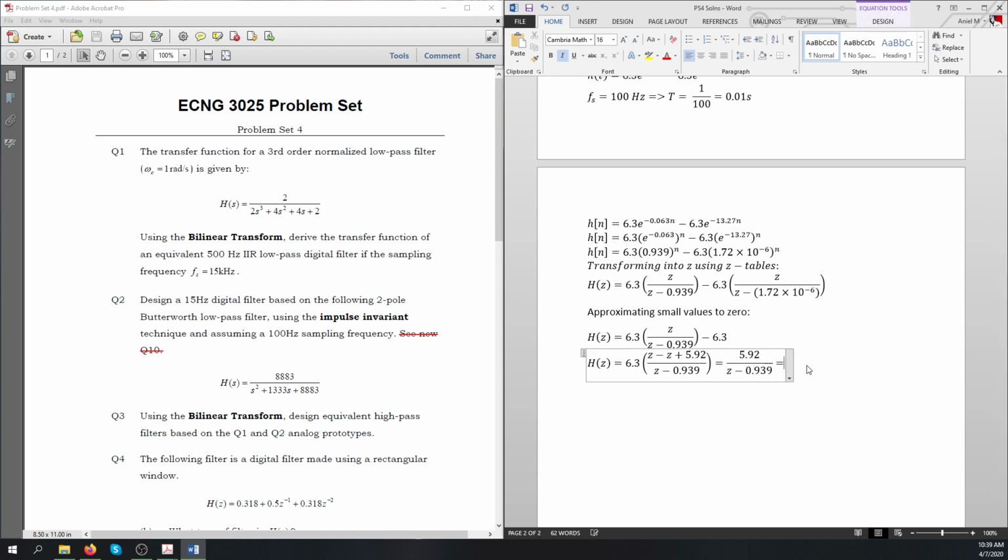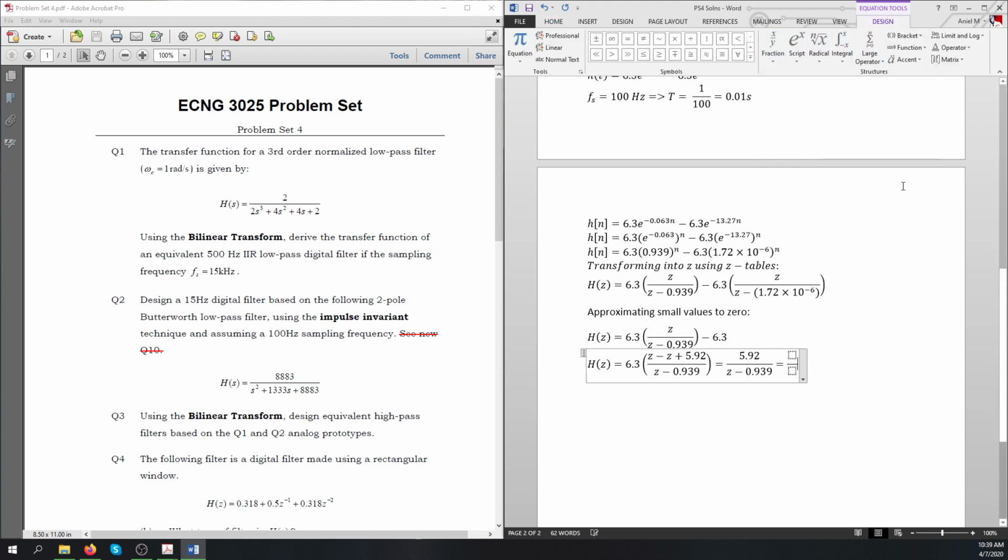And then if we want to make this into the causal form where all the powers of z are negative, that means we just get rid of all the positive powers of z. So the highest positive power of z here is z to the 1, so we multiply by z to the negative 1 on the numerator and the denominator accordingly.